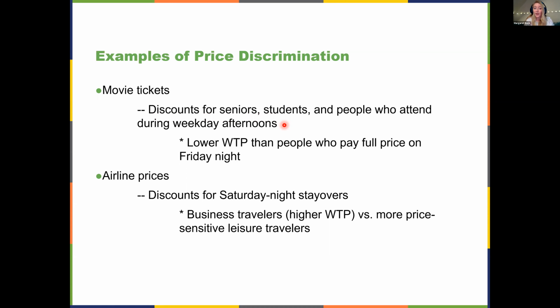People that go to the movies on a Tuesday afternoon pay a different price for the same movie versus someone who went to see that movie on a Friday night. So the people that go on Tuesday afternoon have kind of revealed to the movie theater that they have a lower willingness to pay than people who pay full price on Friday night.